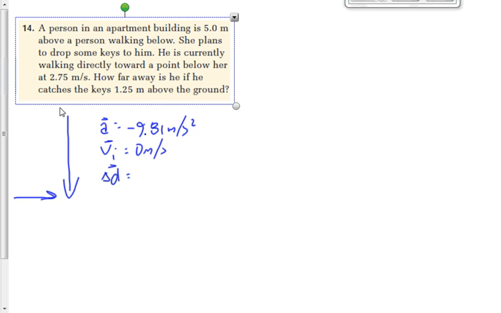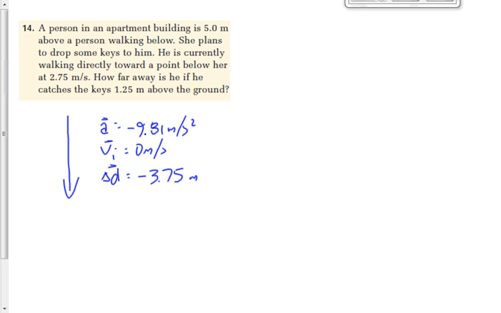How far do the keys have to fall for this guy to catch them? Not 4.75, but 3.75, right? The building is 5 meters above the ground, but he's catching them 1.25 meters above the ground. So the keys don't need to fall 5 meters. The keys only need to fall 3.75 meters. So the displacement will be negative 3.75.